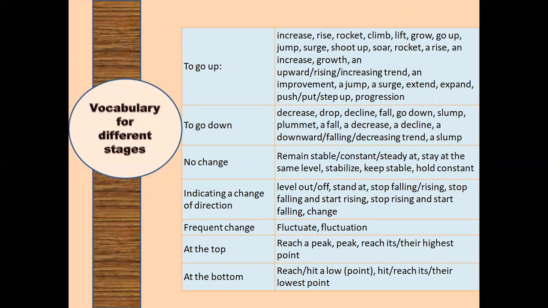If you think that there is a frequent change, meaning the changes are taking place frequently again and again, then you can use fluctuate. At the top, if you think this is the maximum point from where it will start coming down, reach a peak, reach their highest point, you will find that after reaching this peak point, the graph will start falling down.